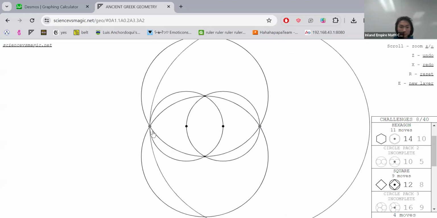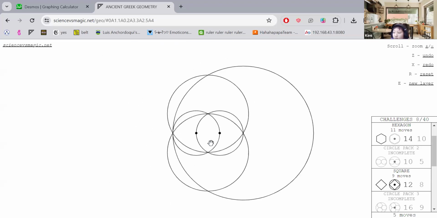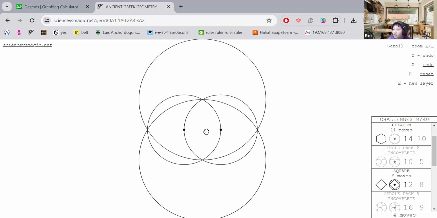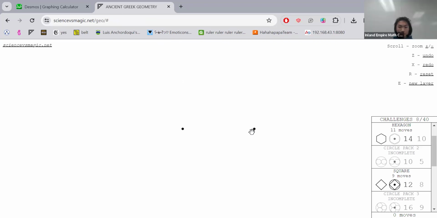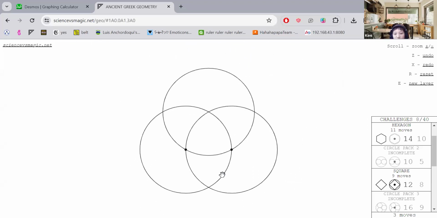From this point? Yeah. I mean, no, not from. Wait, how did you make that? No, I mean, I did the 4 circles. Can you reset it? No problem. So first I did the double circles from one point to the other. And then I did from the top, yes, in. No, not to the big one, to the middle one. And then both of them to the middle one.